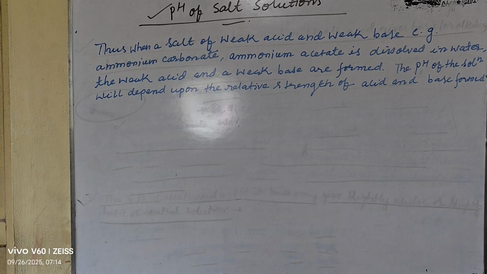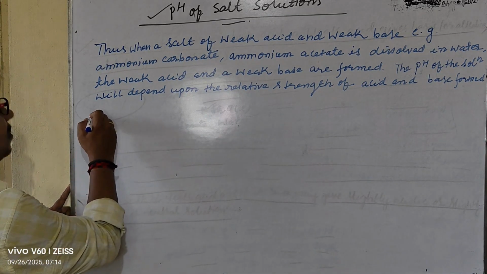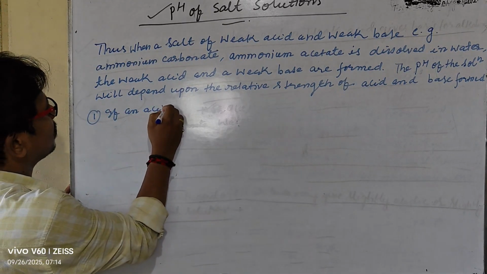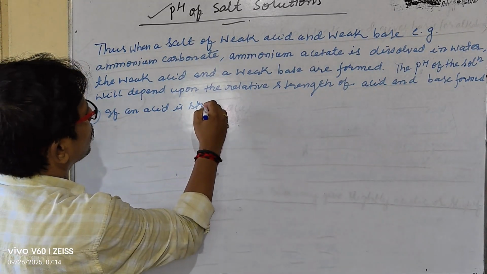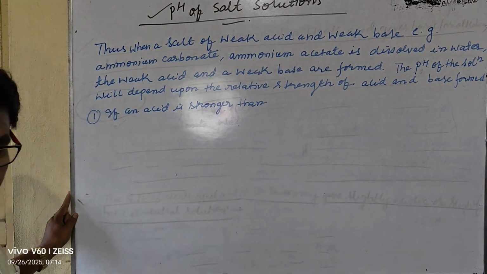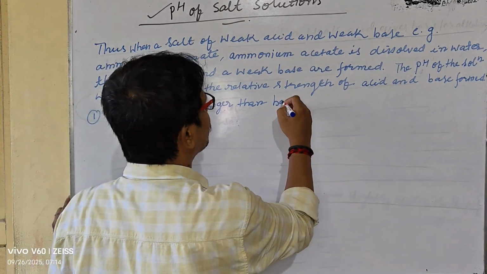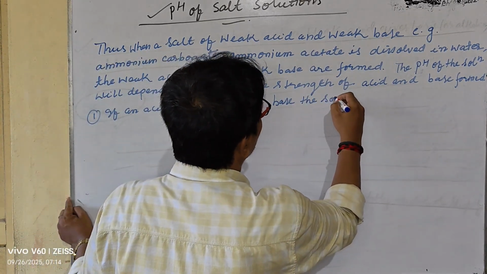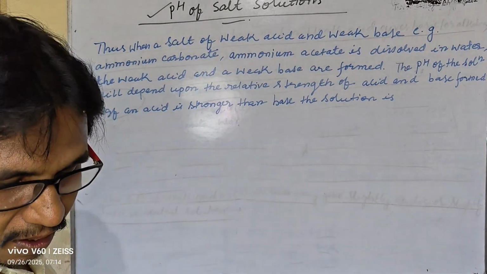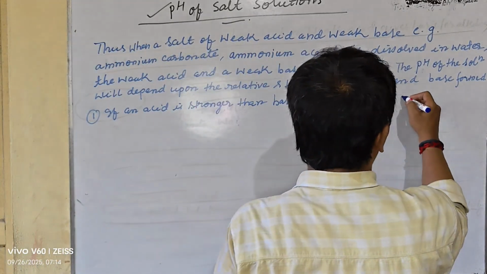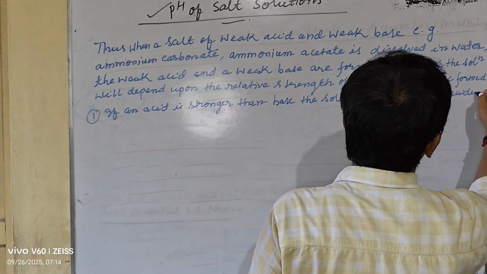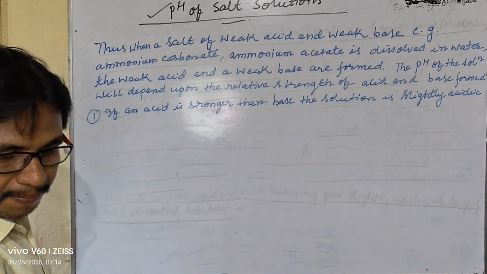First, if an acid is stronger than the base, the solution is slightly acidic, pH is less than 7.